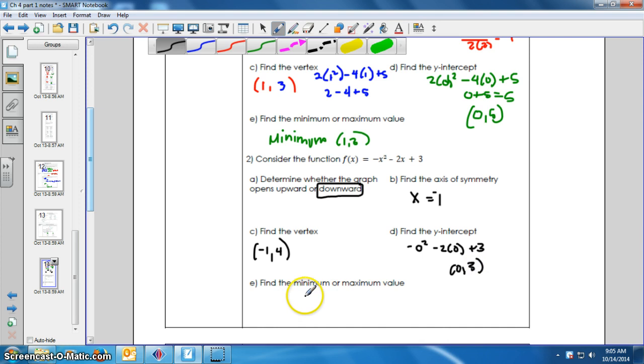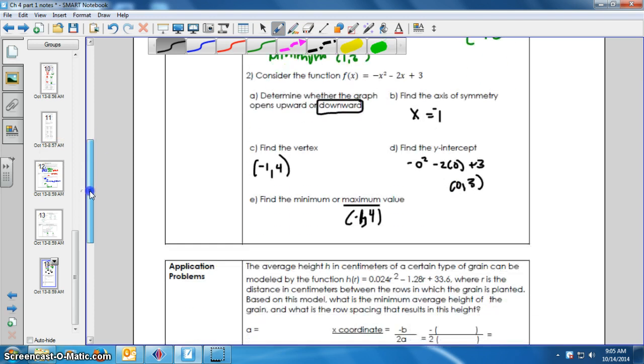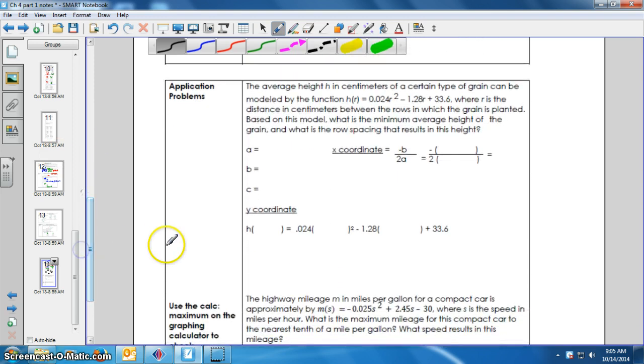And then this one, since it's opening downward, is going to be a maximum, and it's going to be a maximum at negative 1, 4 at your vertex point.